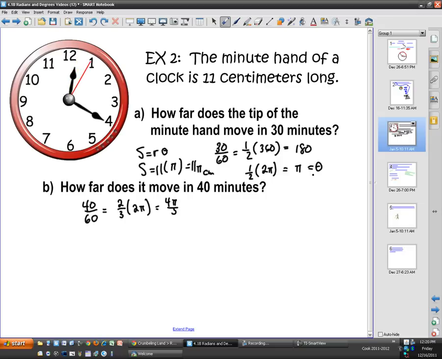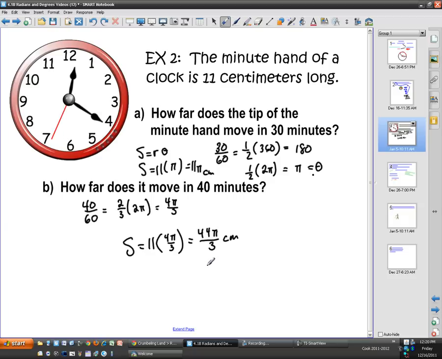To find my arc length, it's still 11 for my radius. This time I'm going to use 4 pi over 3, and I'm going to have 44 pi over 3 centimeters as the length that the minute hand actually moves. And you could find out the approximate length by calculating it out with your calculator.